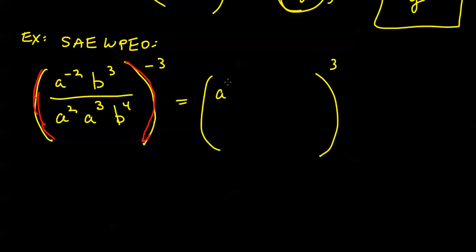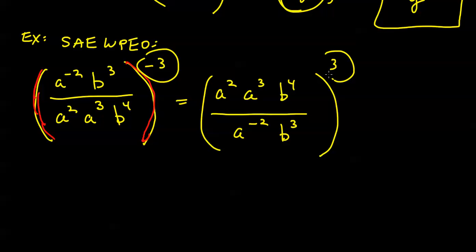So all I do here is swap numerator for denominator and vice versa. A squared a cubed b to the 4th over a to the minus 2 b cubed. Notice I haven't changed anything inside, or the signs of any exponents inside. I've just changed the outer exponent from a minus 3 to a positive 3, and I claim it looks better already.